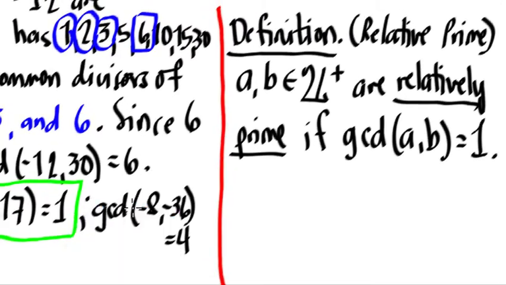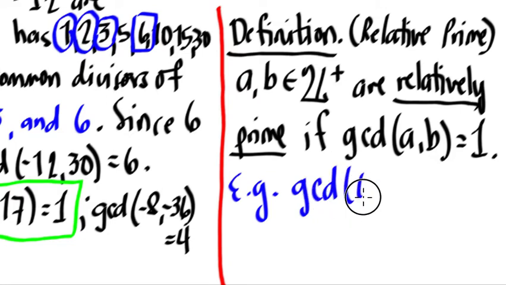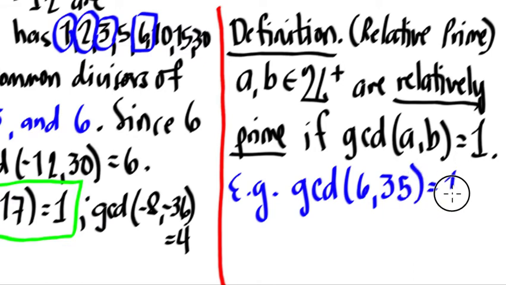Okay, what are the other examples of integers which are relatively prime? So therefore, we can also say, for example, that the GCD of 6 and 35 is 1. The factors of 6 are easy to determine: we have 1, 2, 3, and 6. And 1, 2, 3, and 6 are not all factors of 35, because the factors of 35 are 7 and 5, both prime.